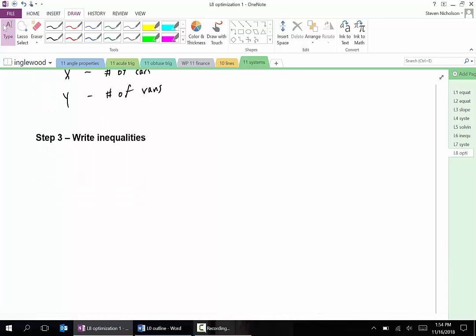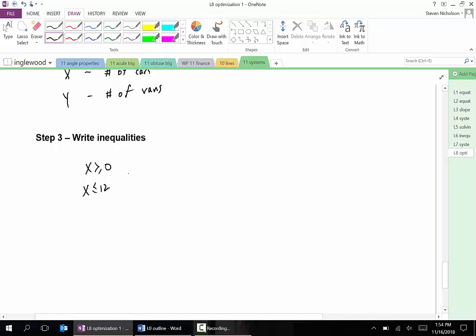In our inequalities, it's in bullet number 3 that you see it. The number of cars has to be greater than or equal to 0. You can't have negative cars, but there's only a maximum of 12 cars. So again, X has to be less than or equal to 12.